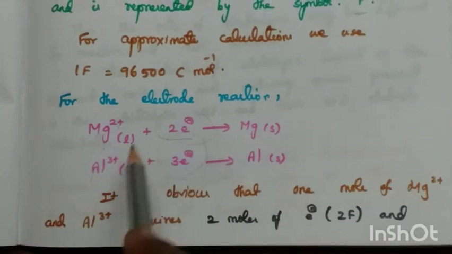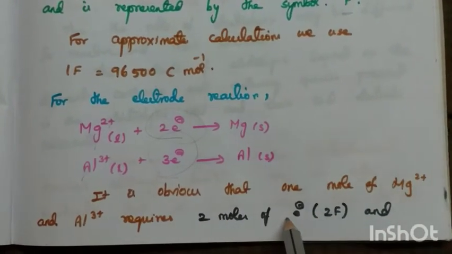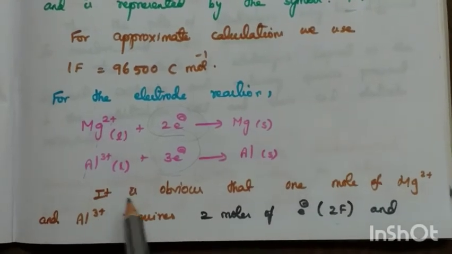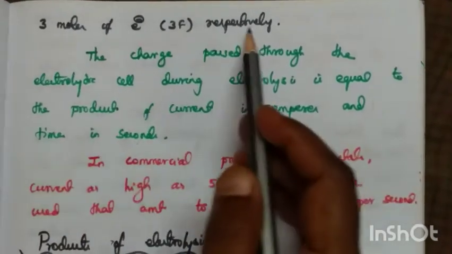It is obvious that 1 mole of Mg2+ requires 2 moles of electrons, that is 2 Faraday. Al3+ requires 3 moles of electrons, and therefore 3 Faraday.